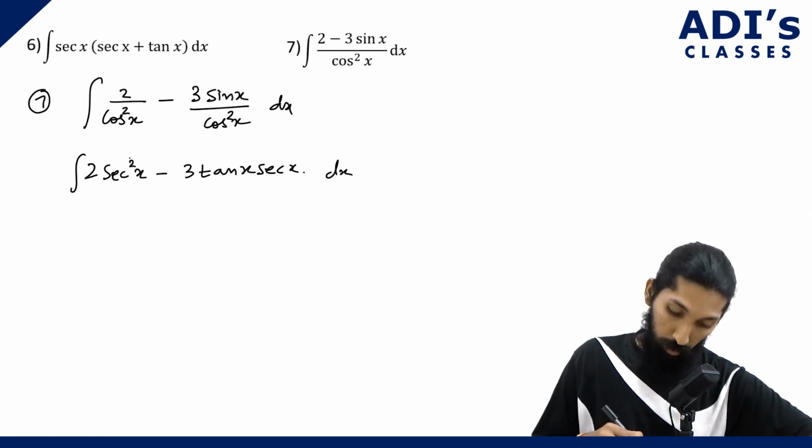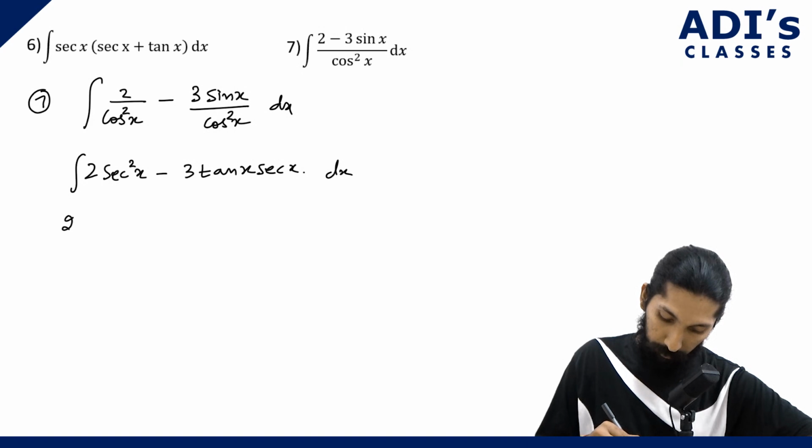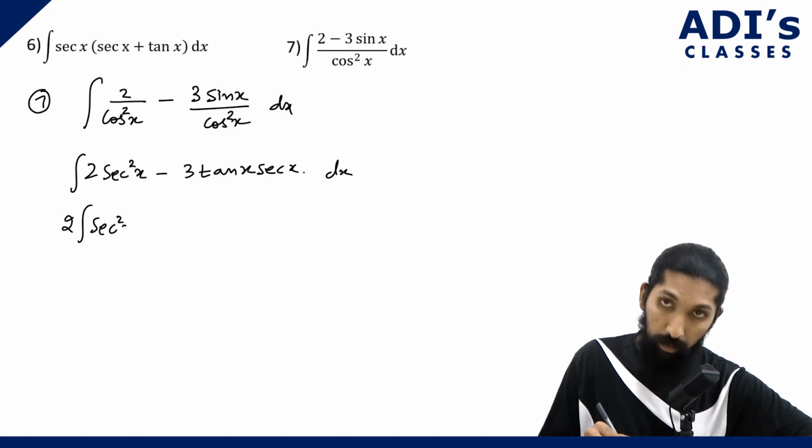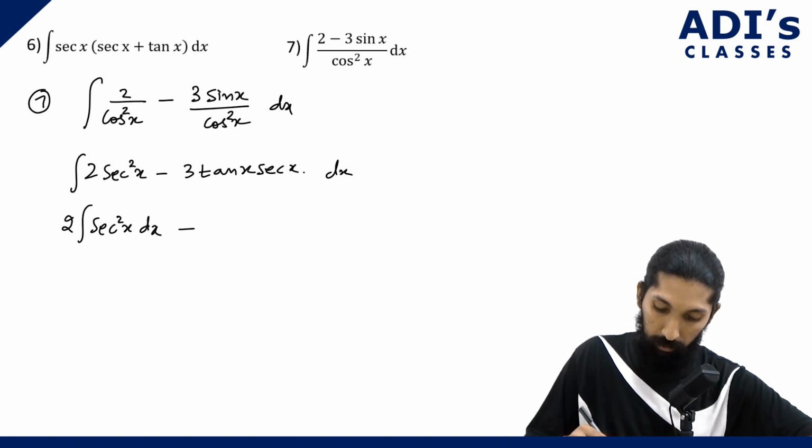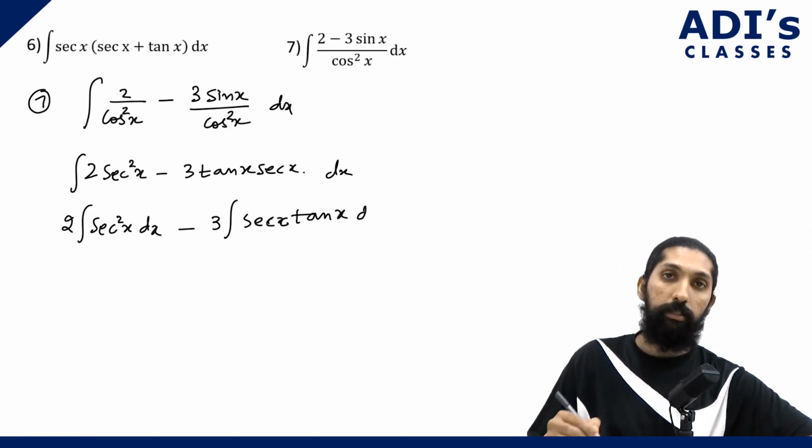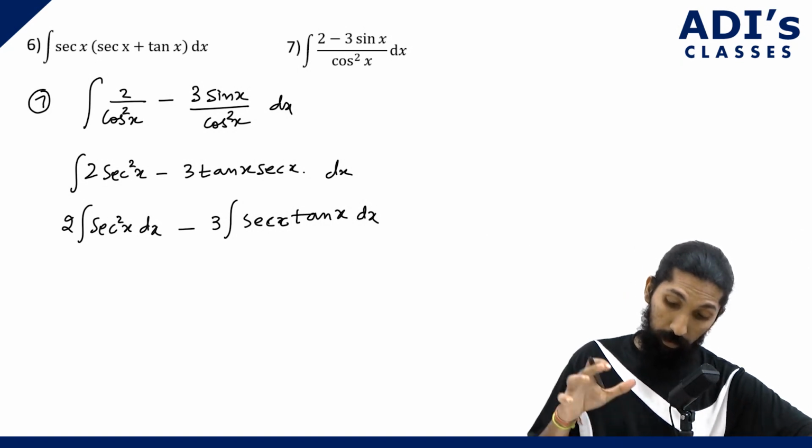So 2 times the integration of sec² x dx is the first part, minus 3 times the integration of sec x tan x dx, right? So this is the question part.